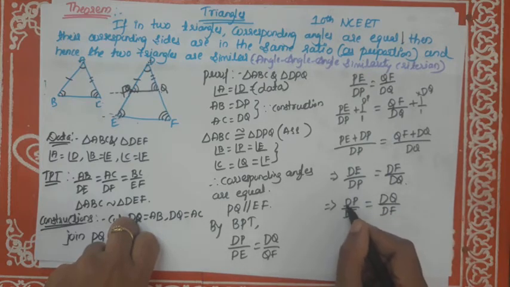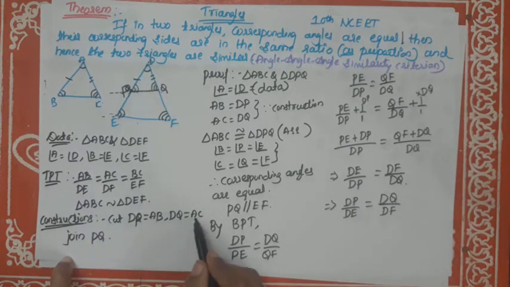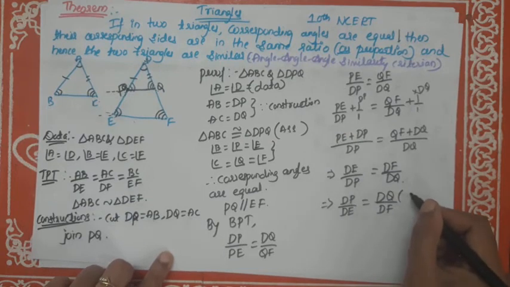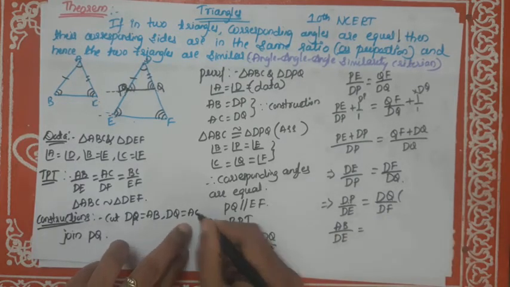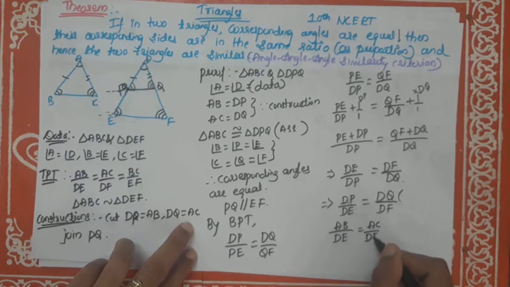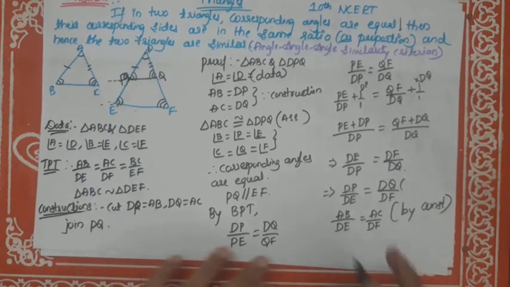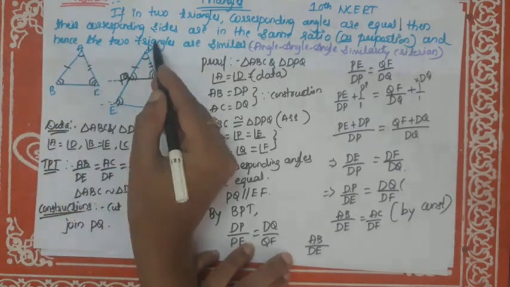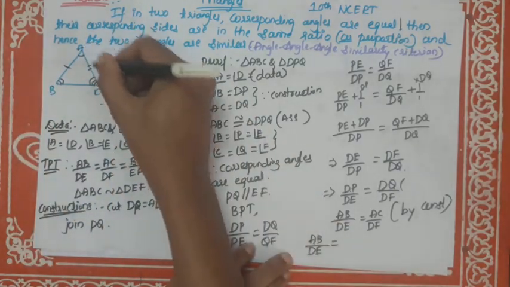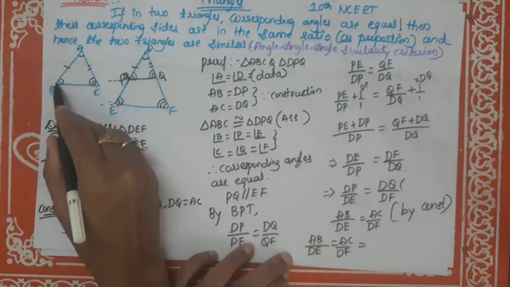We know DP equals AB and DQ equals AC by construction. Hence we can write AB by DE equals AC by DF. The third side is BC by EF.